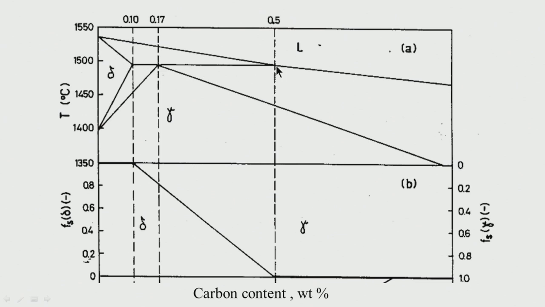Between 0.1 to 0.5, it is a mixture of delta and gamma. As you are increasing the carbon, it is becoming more and more gamma during solidifying, but when the carbon concentration is more than 0.5, say 0.6, 0.71, it is 100% gamma solidification.